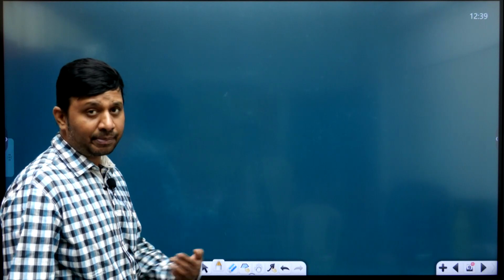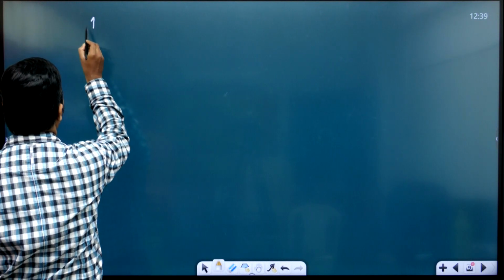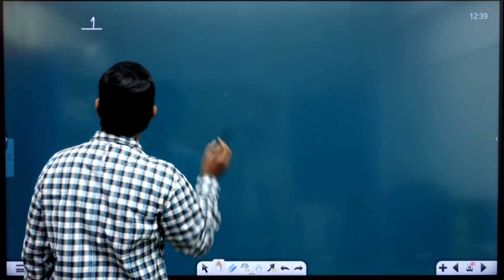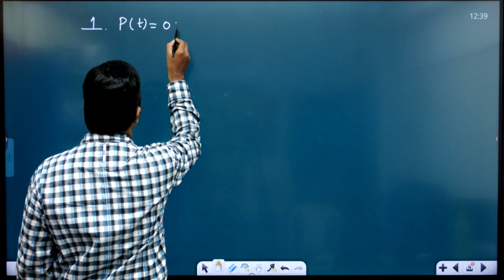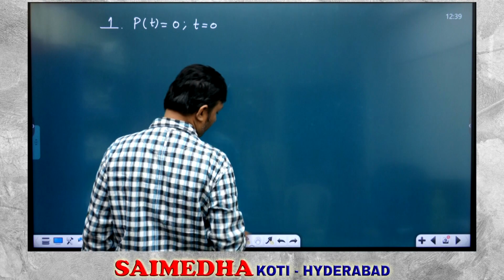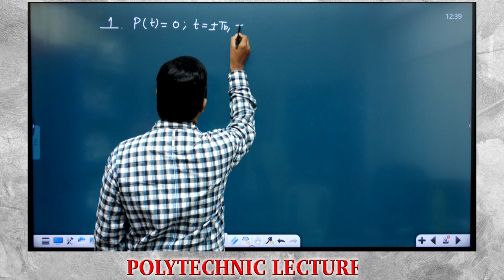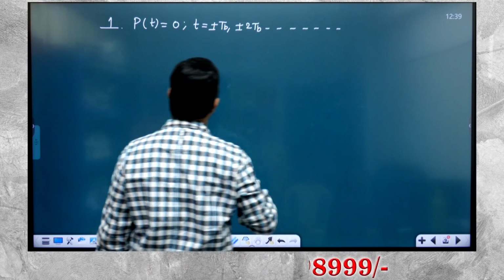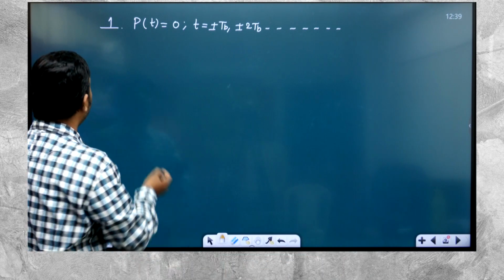In the time domain, p of t must be equal to 0 at t equal to plus or minus TB, plus or minus 2 TB, plus or minus 3 TB, and so on, that is, non-zero multiples of TB.